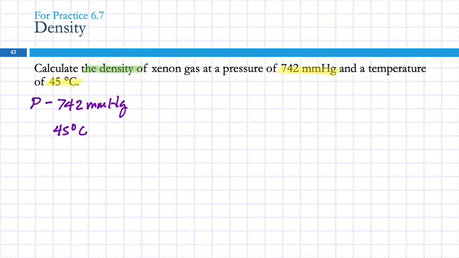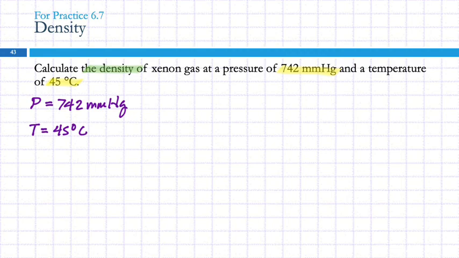So this first one is the pressure, and the second one is the temperature. So we did that, and then we're like, that doesn't look like enough. Doesn't look like enough info, does it?